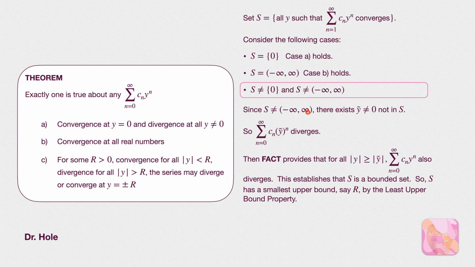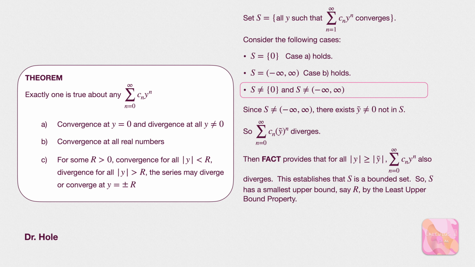So, looking at S, find any value not in S, and then anything greater than or equal to that value in absolute value will lead to a divergent series. Thus, S is contained in a bounded interval. S is a bounded set.